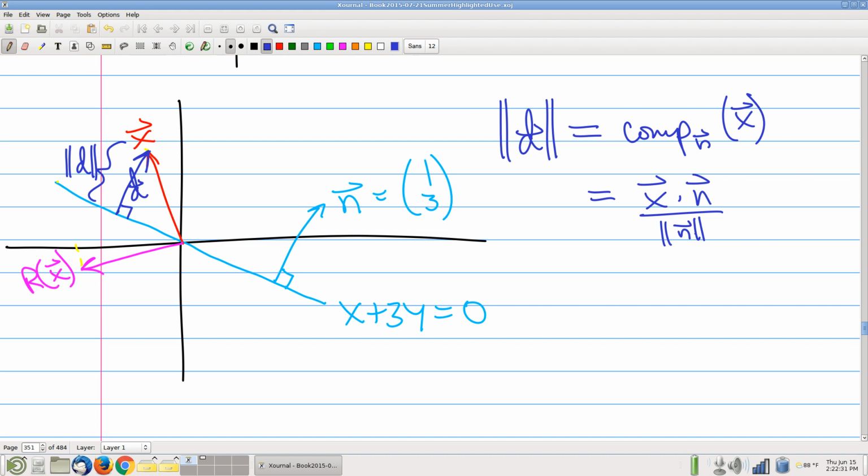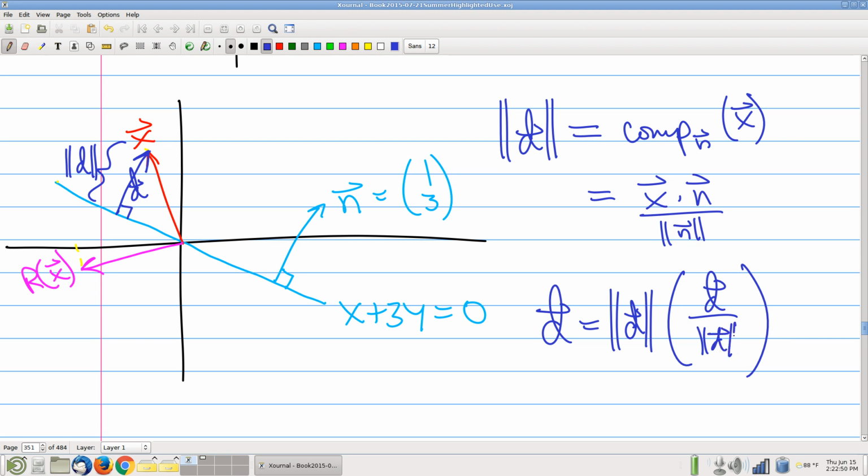Now, what do I want to do with that magnitude? Well, I want to take that magnitude and multiply by a unit vector pointing in the n direction. That unit vector is n over magnitude of n.